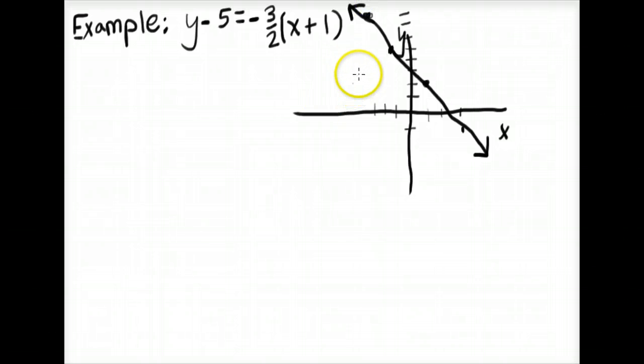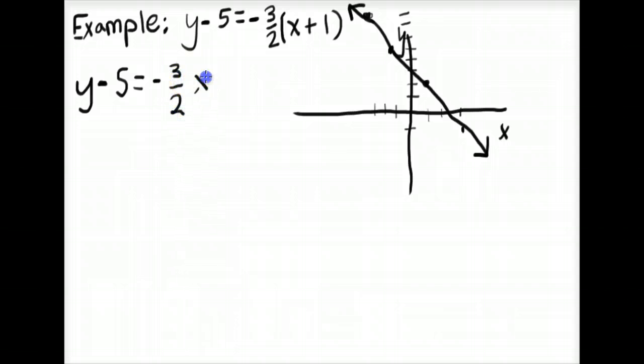The second step is to transform this into slope-intercept form. To get this into slope-intercept form, we need to write it as y equals mx plus b. So we need to get the y term by itself as well as distribute this negative 3 halves in. First we distribute the negative 3 halves, and we have y minus 5 equals negative 3 halves x minus 3 halves. At this point, we can add 5 to both sides.